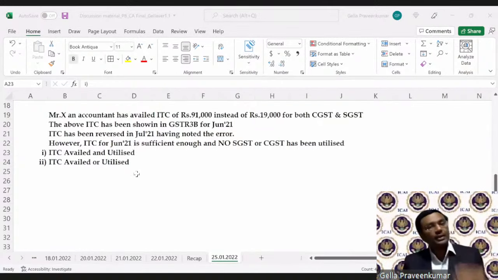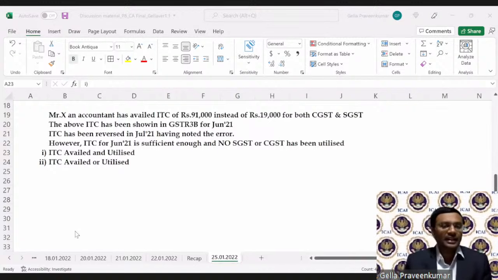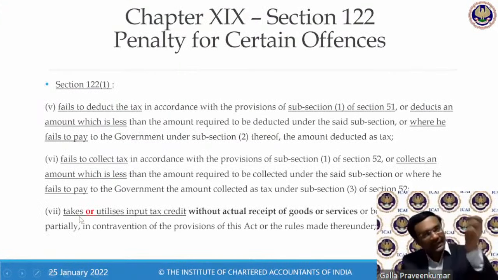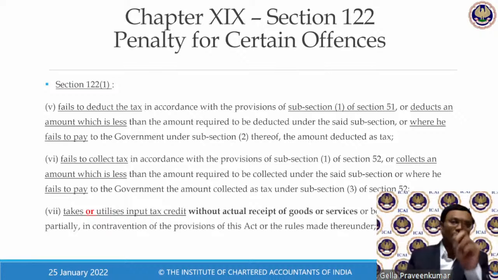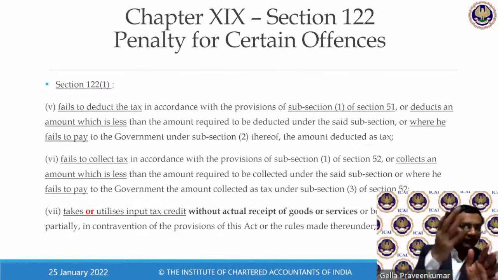Availed and utilized means I should have availed and I should have utilized that. Now, in this case, the input tax credit has been taken, but not utilized. So when we talk about this particular transaction, ITC availed and utilized, ITC availed or utilized: I've availed, I haven't utilized.